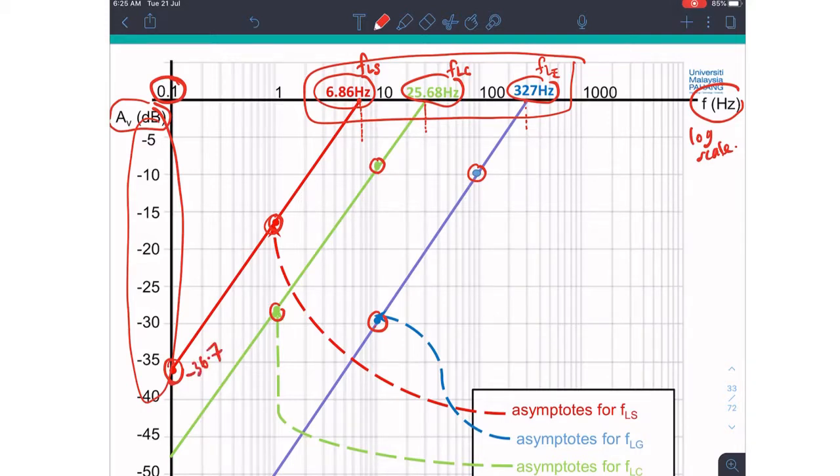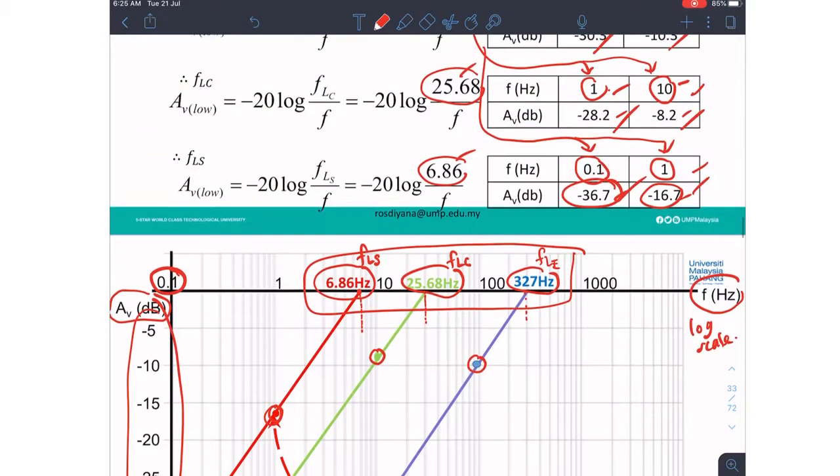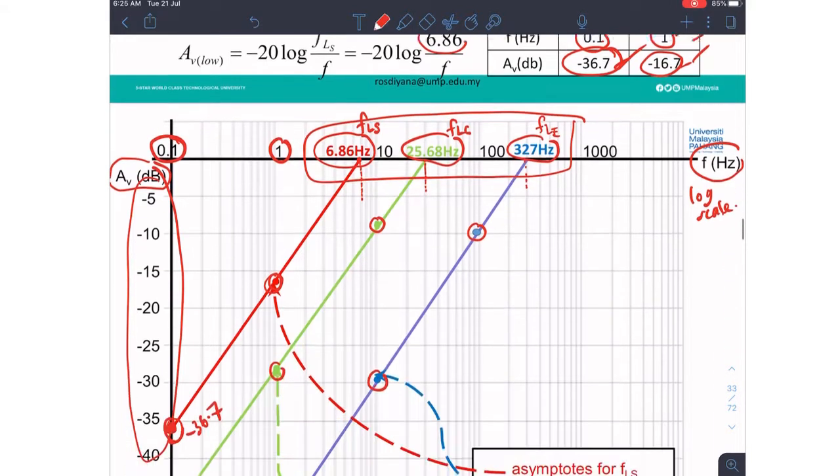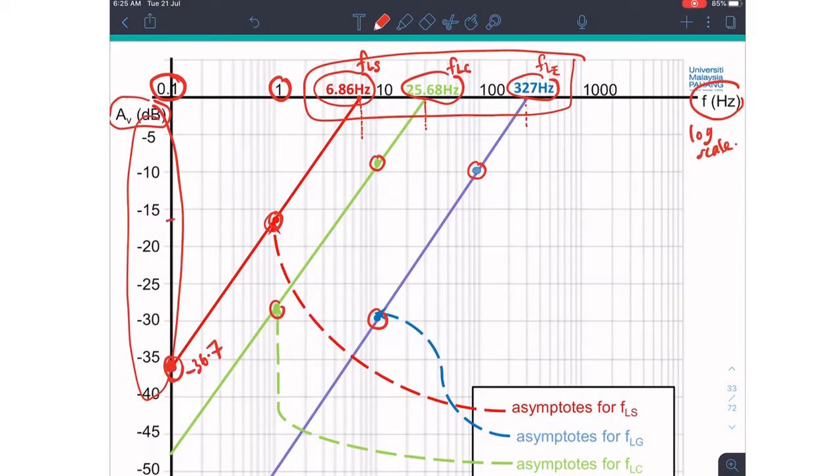So the point is here. Then for point number 2, when frequency is 1, the gain is negative 16.7. So 16.7 is here, negative 16.7. So this is point number 2.